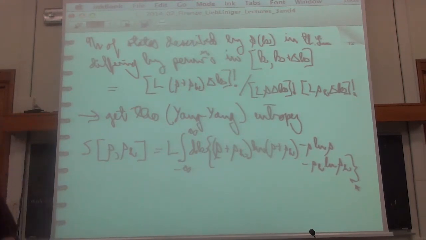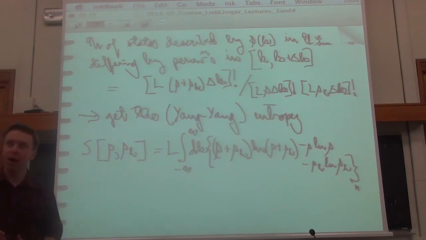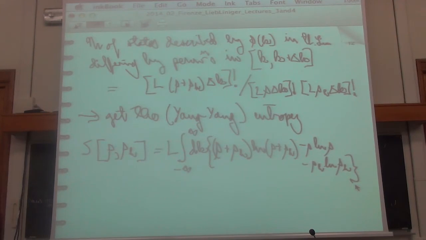So this is essentially the entropy of the state that is labeled by rho of k. It makes sense because if you imagine, for example, that rho or rho hole becomes 0, then there's no contribution to the entropy in that region. That you just see from this. And the most entropic state you can think of is precisely a state where you have more or less an equal number of particles and holes, because then the number of permutations that you have is maximal.